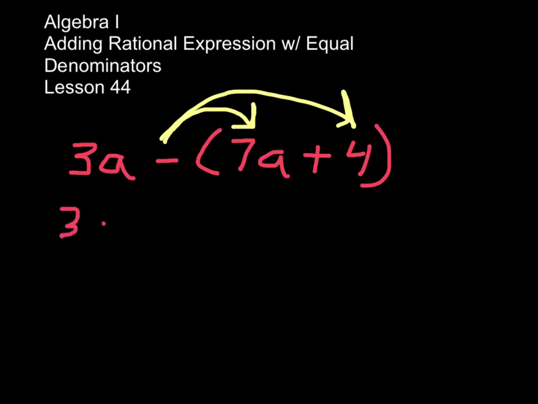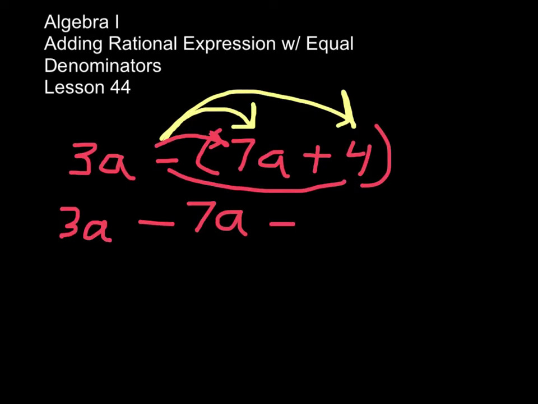So I have the 3a kind of hanging out in front there. Now, I'm going to take a negative. What's a negative times a positive? Well, it's a negative. And so it's a negative 7a. Now I'm going to take this negative times that positive, which is negative, and then 4. Now remember, you could also think of that as having a 1 right there.